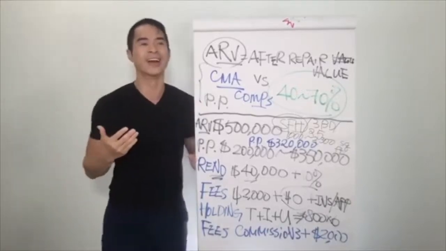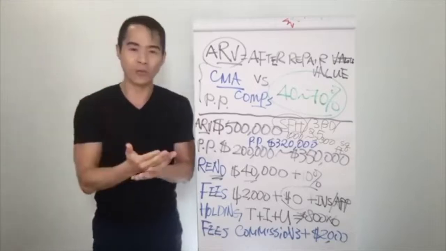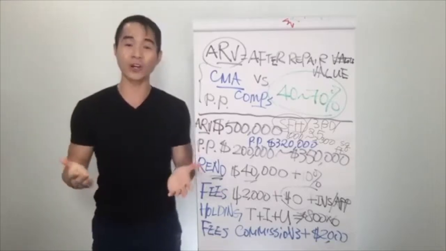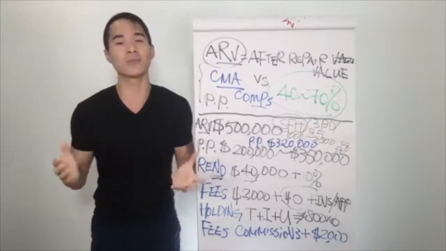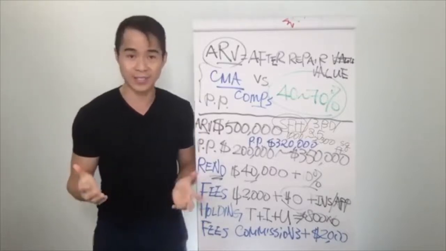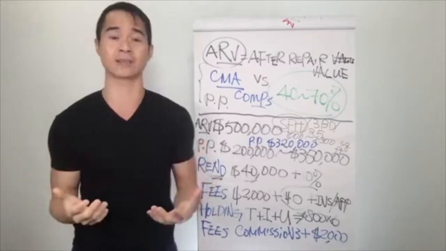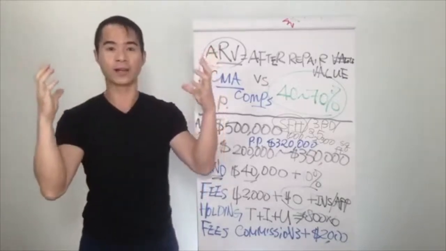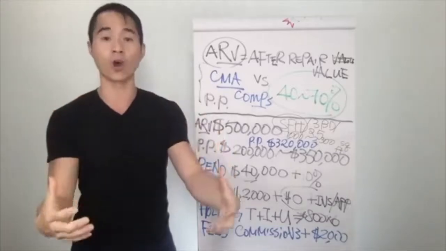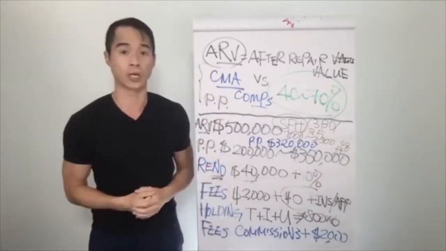I always like to overestimate my expenses and underestimate my revenue. That way, if I end up with a little bit more money left over at the end of every single deal that's completed, I'm a lot happier than having to pull my hair out when all of a sudden my expenses go beyond what I've actually budgeted for.